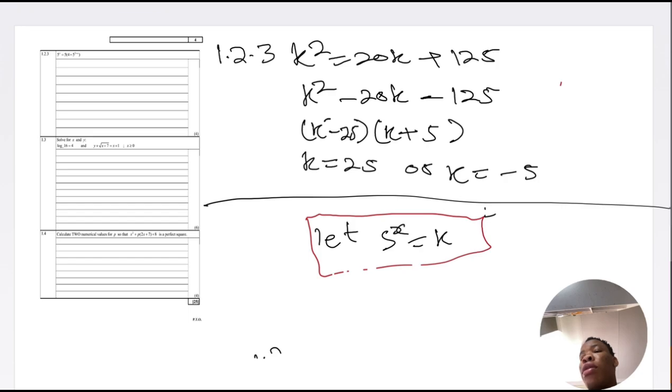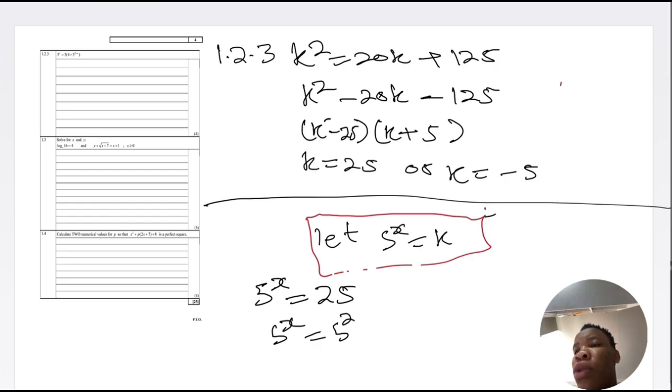So now we can come here. We said let 5 to the power of x be equal to k. So 5 to the power of x is equal to k, and k is 25. We simply write 25 in terms of exponents, we will have 5 to the power of 2.